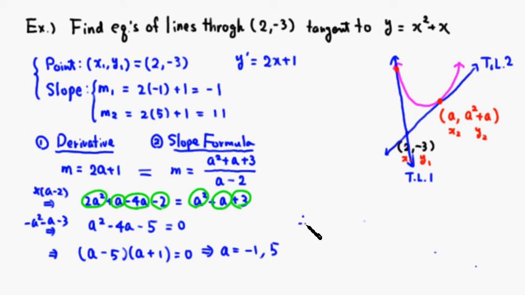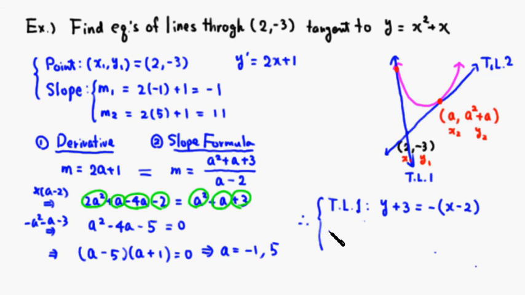Therefore, tangent line number 1 is y minus y1, which is negative 3, so y plus 3, equals the slope, negative 1, times x minus x1, which is 2.